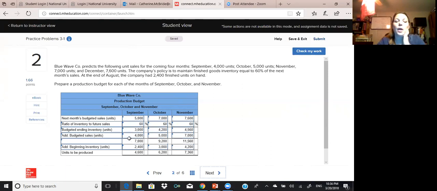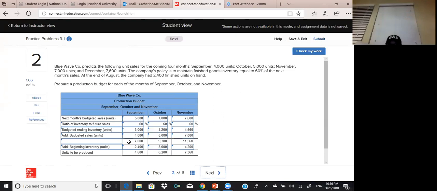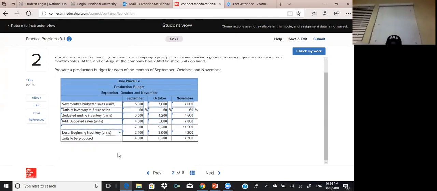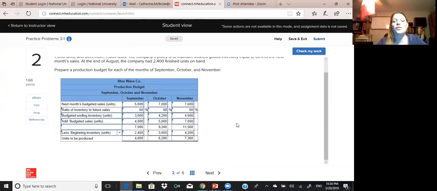Because we need 7,000 units to meet our needs, but we already have 2,400 in beginning inventory, so we only need to produce 4,600 more. Should we change it to less beginning inventory? Yes, you should change it to that, since that's what it's doing.